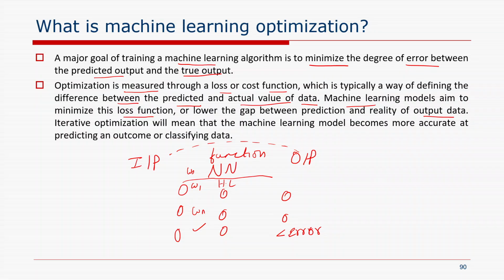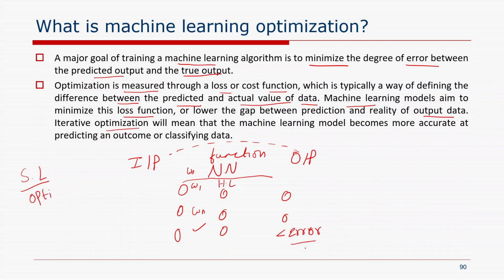Here, optimization means we have to find the optimal values of the weights so that my error gets reduced. But we cannot do that in one iteration. It has to be done over a number of epochs or iterations. Therefore, it becomes an optimization. That is, supervised learning is viewed as an optimization.